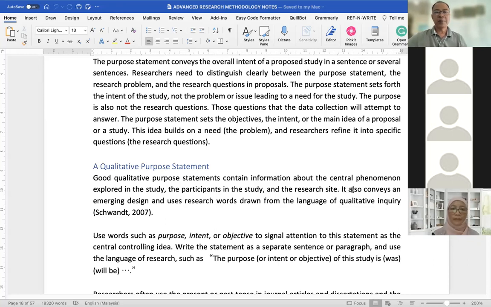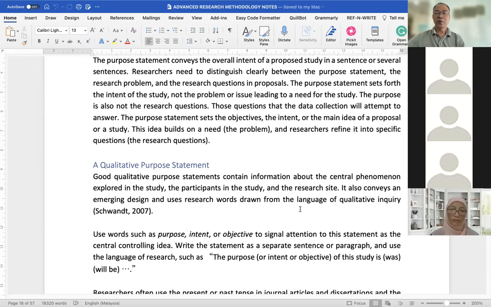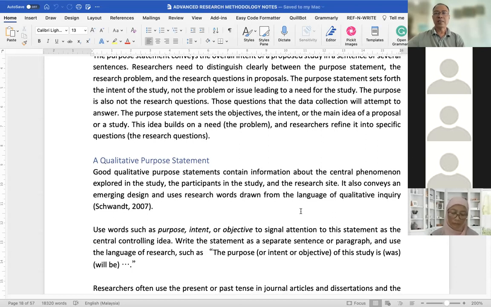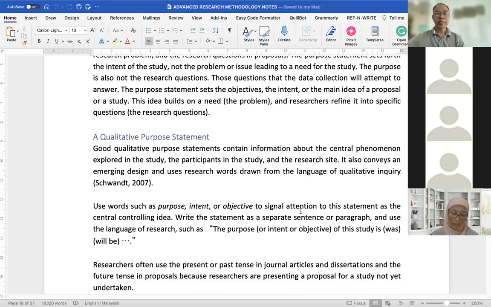The purpose statement in qualitative research gives information on design and uses research words from the language of qualitative inquiry. We will talk more about the research design in qualitative research in future classes. Anybody here doing a qualitative study?